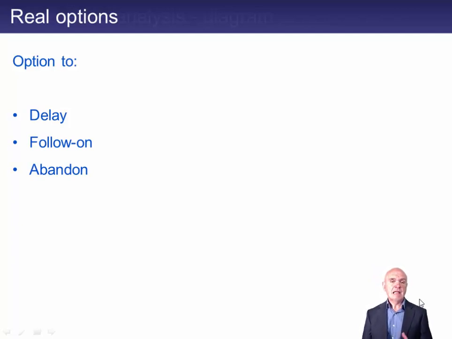An option to delay would be, for example, getting planning permission to build the factory now, but not actually doing anything about it maybe until 3 years' time. And it'd be worth spending money, if you like, to lock ourselves into that planning permission, so that if we wanted to build a factory in a few years' time, we could do it with no bother whatsoever.